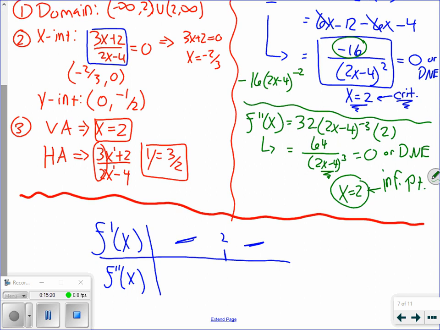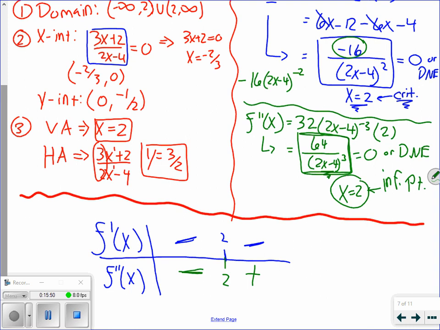So on my number line here, I'm going to plug in 2 again, and I'm going to test points to the left and right of that. If you notice, because it is cubed, if I plug a 1 into that, I get a negative number on bottom, and a positive divided by negative is negative. And any number greater than 2 is going to give me a positive number, and a positive divided by a positive is positive.